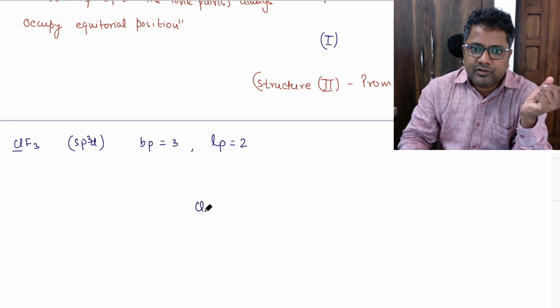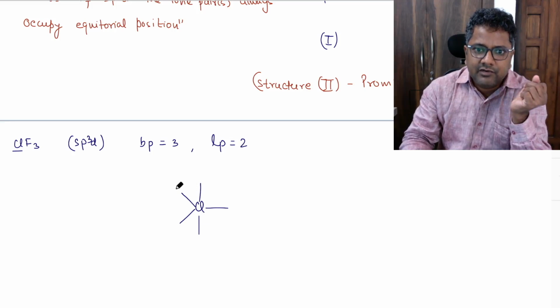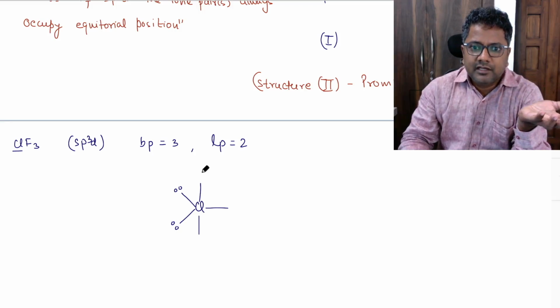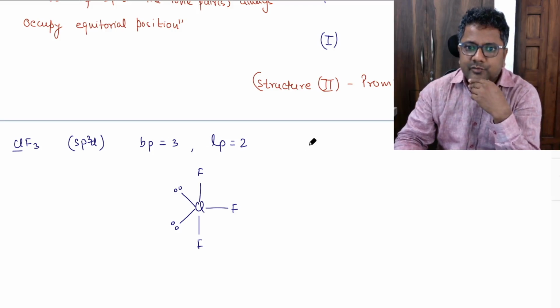So put Cl, draw the normal structure, and put the lone pairs at equatorial positions. Since all three equatorial positions are equivalent, you can put them anywhere, and F, F, and F. Now what is the geometry here?